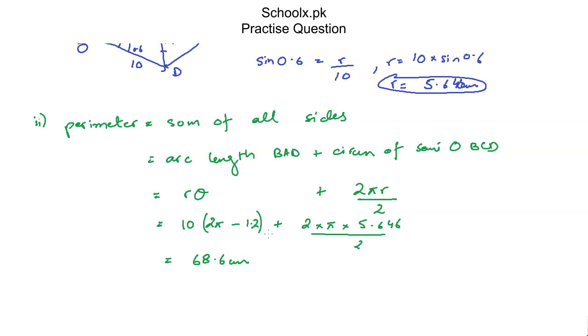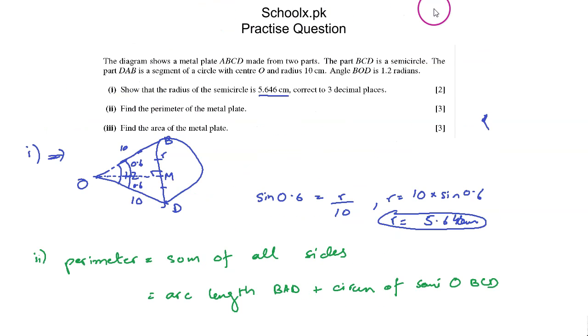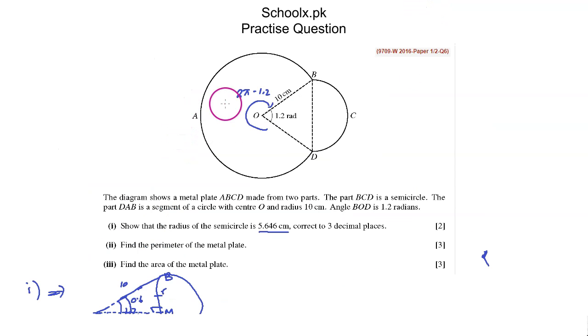Right? Now moving on to part 3. In part 3, it says to find the area of the metal plate. Now, to find the area of the metal plate, I'll have to find the area of the segment BAD, add it to the area of the triangle BOD, and then add the area of the semicircle BCD.